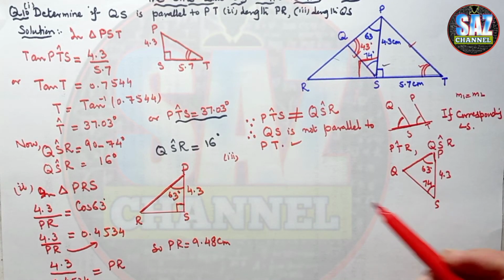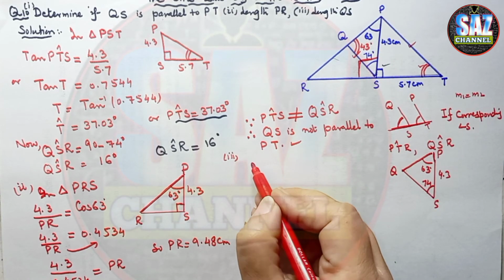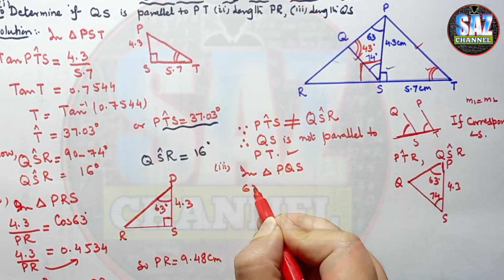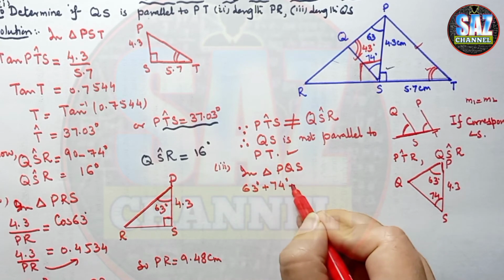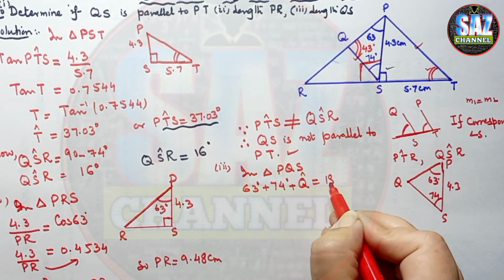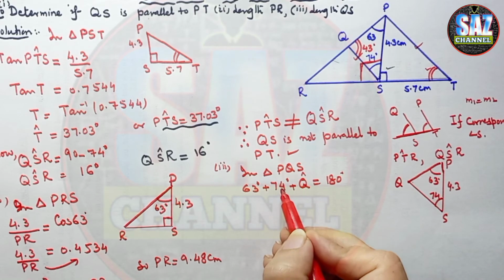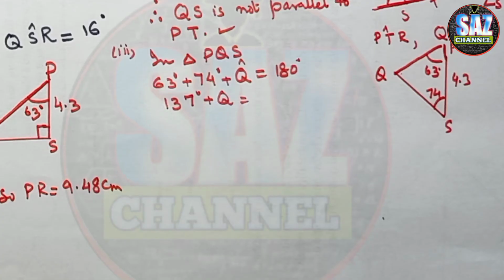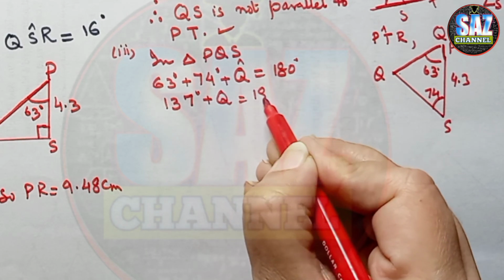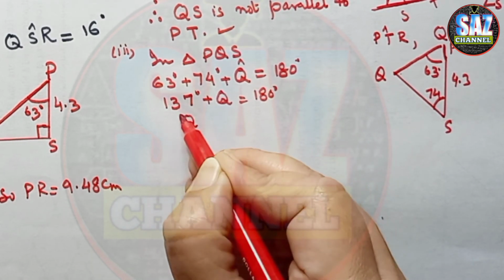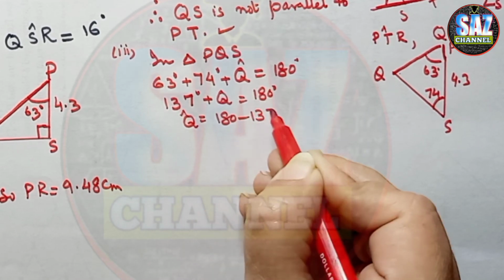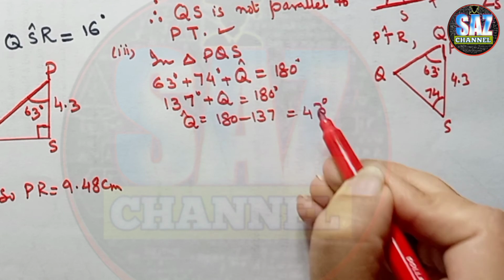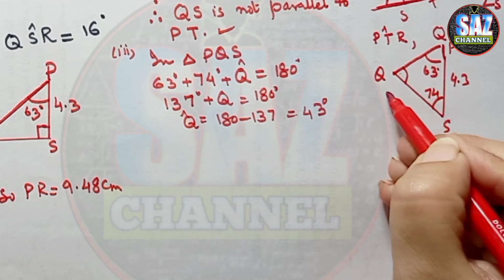First of all, I will calculate angle Q in triangle PQS: 63 degrees plus 74 degrees plus angle Q equals 180 degrees, the sum of interior angles of a triangle. 63 plus 74 is 137 degrees. 137 degrees plus Q equals 180 degrees, and angle Q equals 180 minus 137, which is 43. So angle Q is 43 degrees.